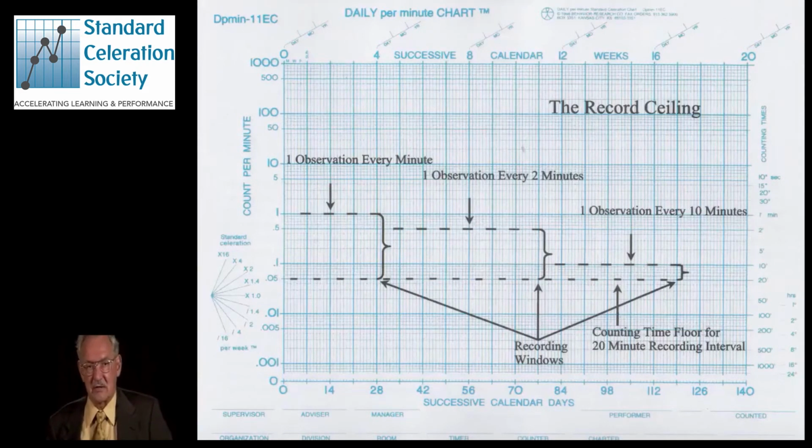We do not restrict it at the top by putting artificial limits on the frequencies that we can see, and we try to lower the floor as much as possible so that we can see low-frequency behaviors if, in fact, they're occurring. So the combination of the ceiling and the floor define for us a kind of a recording window which we can try to increase, make as large as possible, to make our recording procedure as sensitive as possible to frequencies over as wide a range as possible.